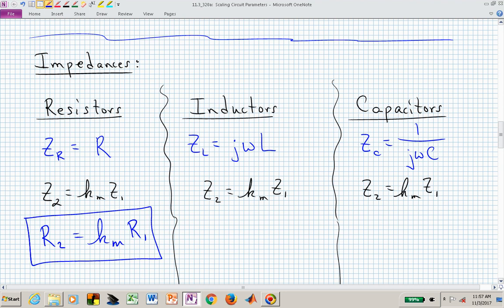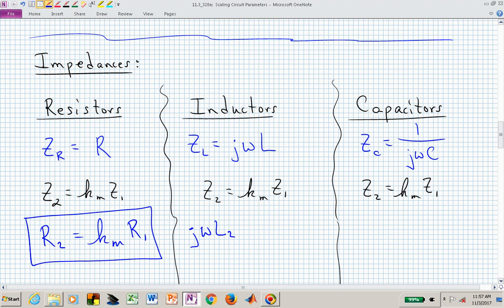What about the inductor? Well, now Z sub 2, this is the impedance when we have the new value or the final value of the inductor. We need to use this blue formula with L sub 2. So now we have j omega L sub 2.